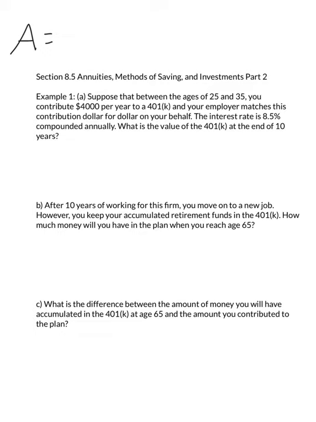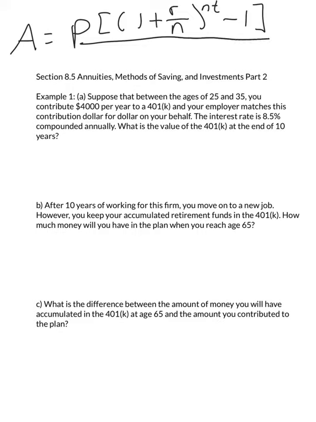So the full amount, we use capital A equals the principal, P is the deposit amount, then we had bracket parenthesis 1 plus the interest rate R over the number of times compounded N, close the inner parentheses, raised to the N times T, for time in years, power, minus 1, close the bracket, all over parentheses, another R over N.